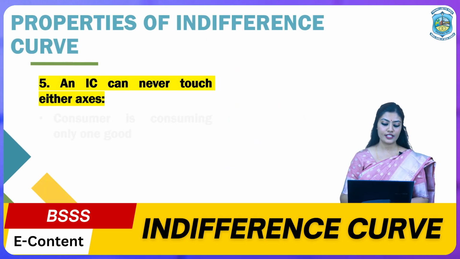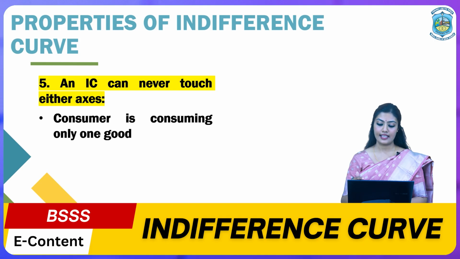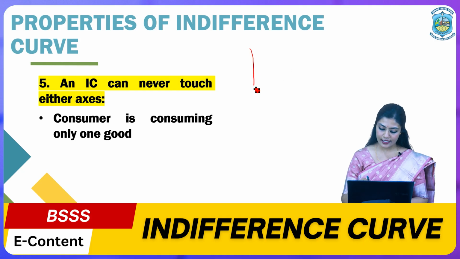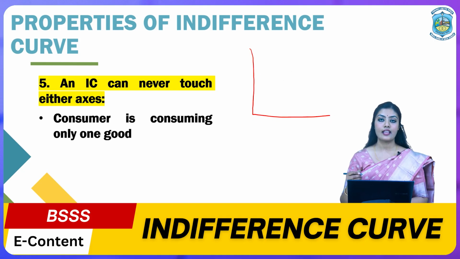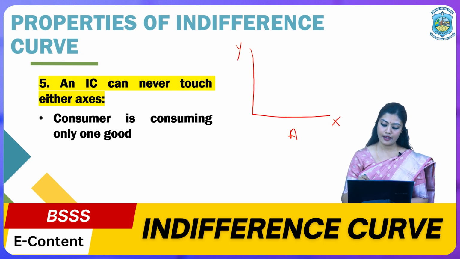The fifth property of the IC curve is that it can never touch either axis. Now let us understand this with the help of a graph. As discussed earlier, the x-axis represents apple and the y-axis represents banana.